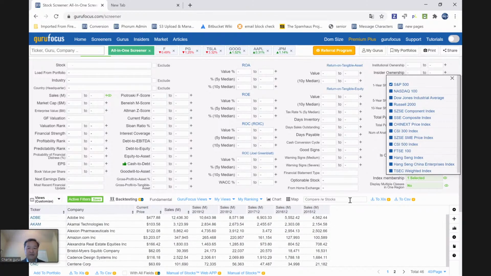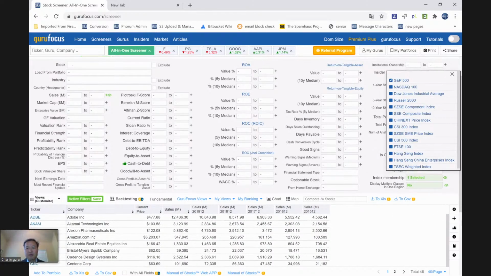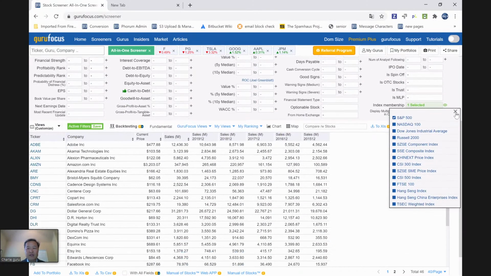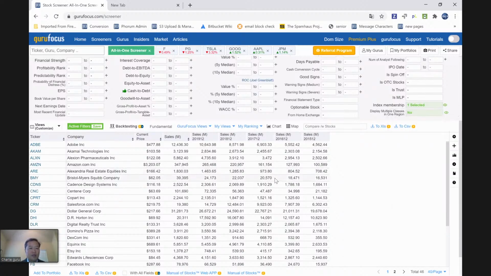And these are the companies within S&P 500 that have been growing the sales at least 5% every year. You can see it shows the historical sales also here. That's an example of how it works.